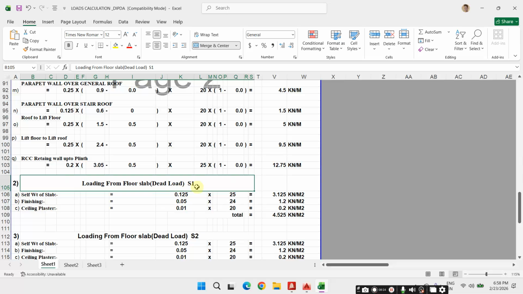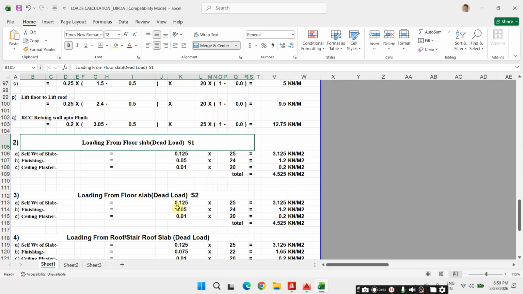Loading from floor slab, dead load: self weight of slab 0.125 times 25 unit weight, so 3.125 per meter square, and finishing 0.05 times 24, 1.2, and ceiling plaster 10 mm 20. It is total 4.525 for floor slab, and this is the dead load.